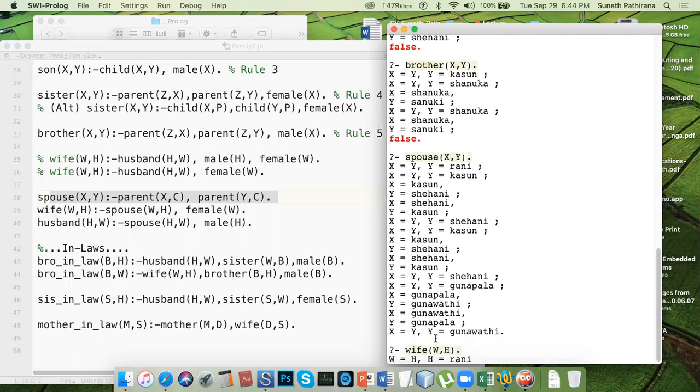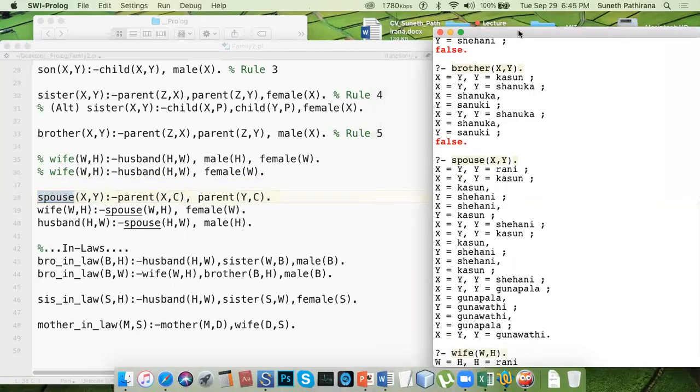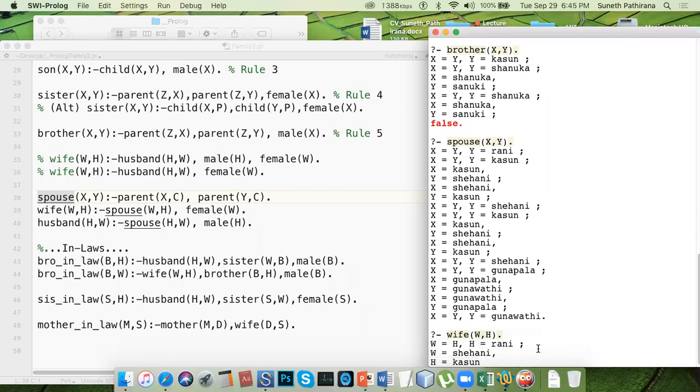It is because of this spouse definition, I think. Here we define that if a person has a shared child, then they will be a spouse. So this wife inference must be coming from this spouse relationship. Let's examine what's wrong with that. Shehani and Kasun, this time it gives the correct answer.